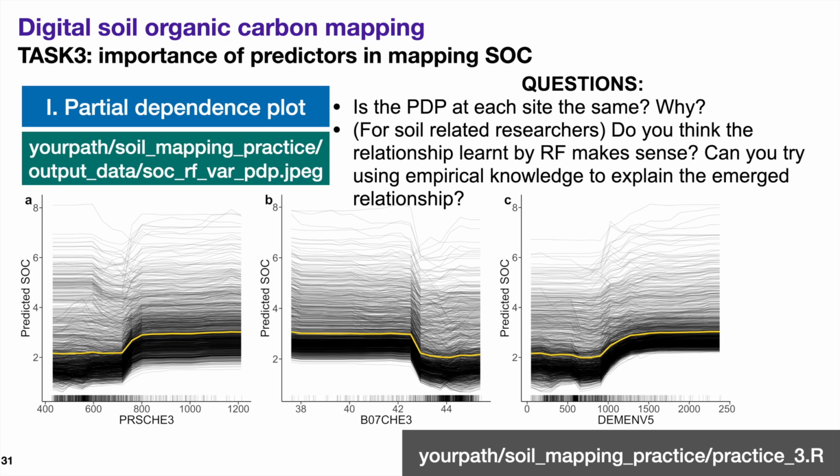So can you explain what caused such a difference? And for those who are familiar with soil science, you may also think about whether such relationships retrieved from the random forest are reasonable or not. If they are reasonable, can you use your empirical knowledge to explain the emerged relationship?